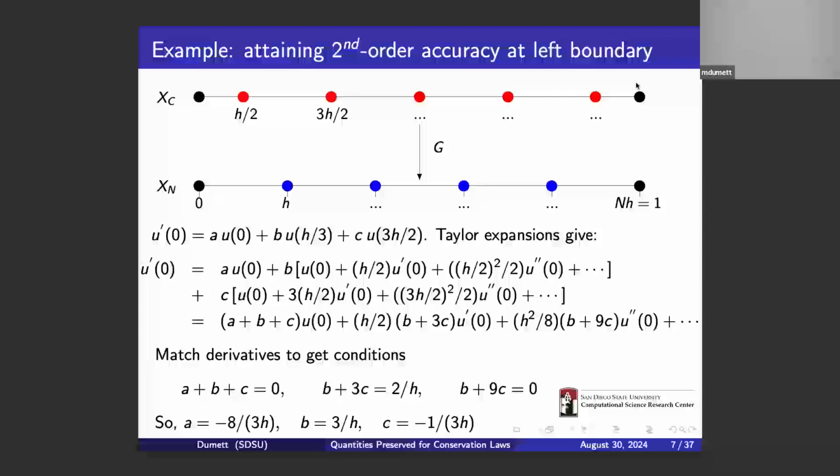By matching coefficients, I get this relation. Three equations, three unknowns, and I can solve it. I can find what the weights are. Okay? So you can see how this works. Essentially, do I need to necessarily use these points? No, but this is the way you see that you can actually compute uniform accuracy operators.